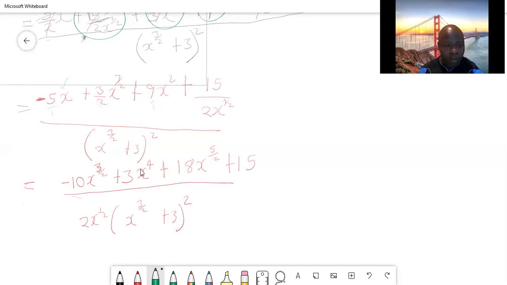Yeah, but you can go through it again and see if it's correct, especially at this point. You can go through it and see. And also you can check here, but I think it's correct.